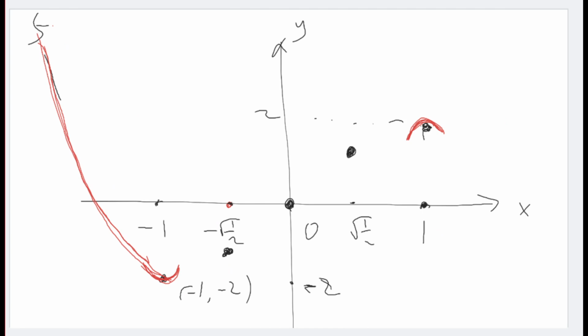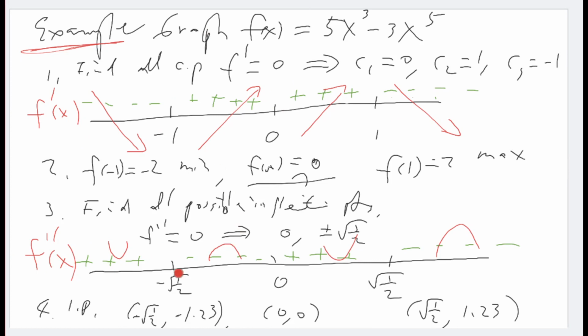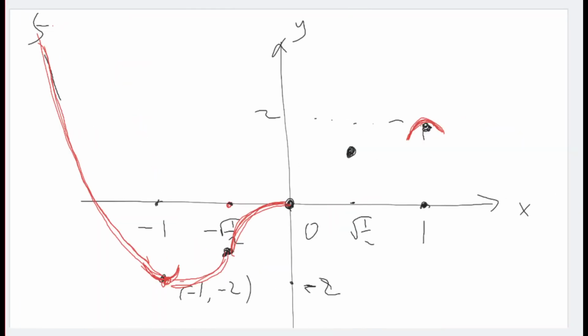So we expect concave up, bending up, then bending down, while still increasing. From -1 to 0, it's increasing, but with the concavity we can fine-tune our graph as up and down. Let's check again, up and down, okay?